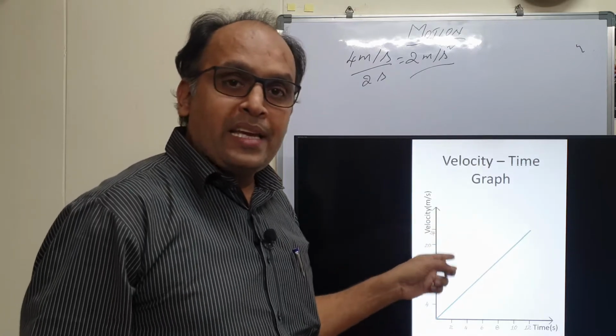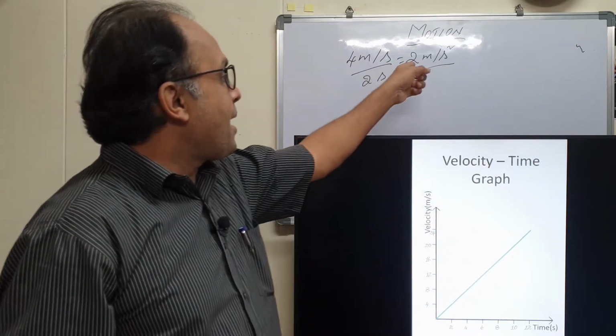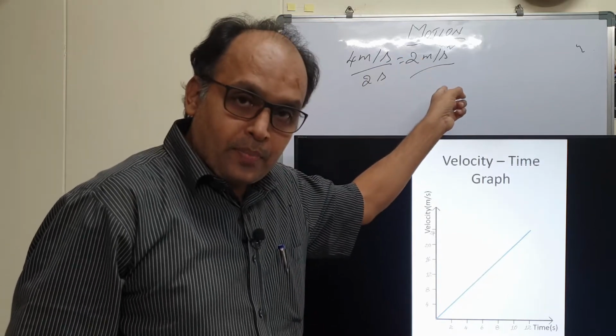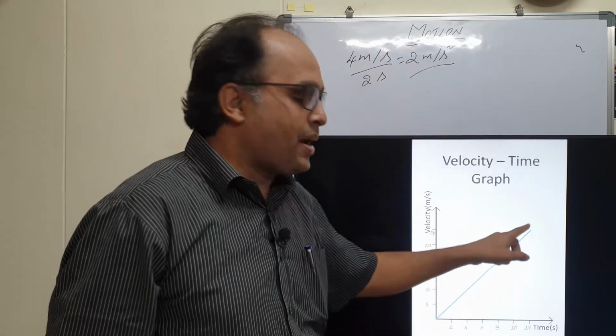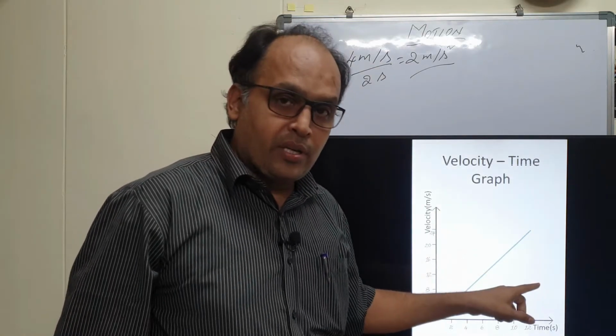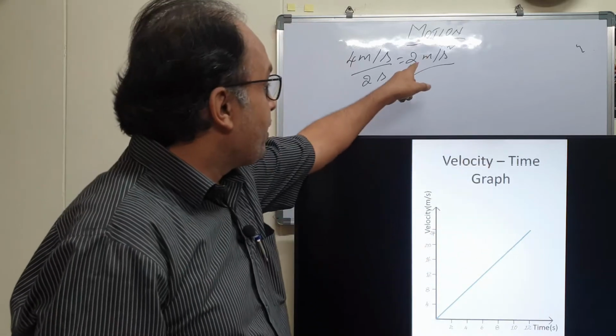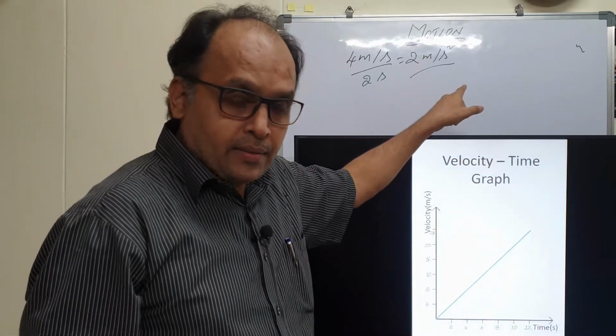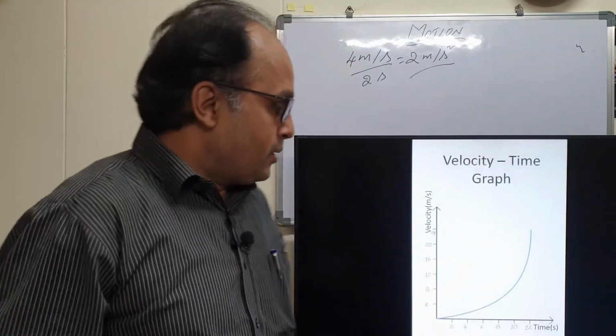The body is moving with a uniform acceleration of 2 meters per second square. So when the graph is a straight line passing through the origin, the body is moving with a non-uniform velocity, but with a uniform acceleration, right? Now let's move to the next graph.